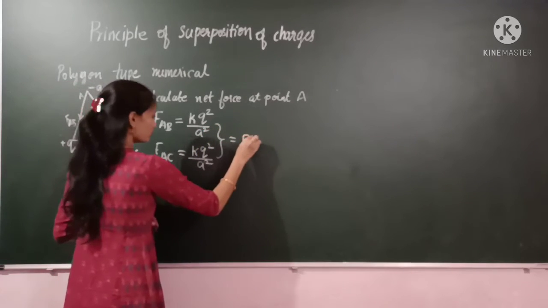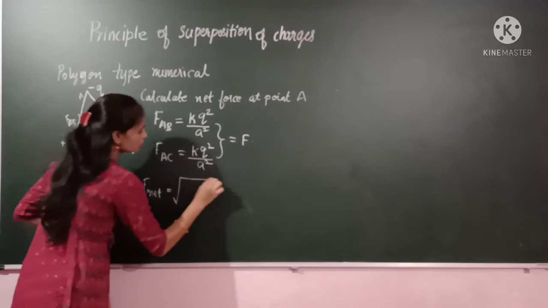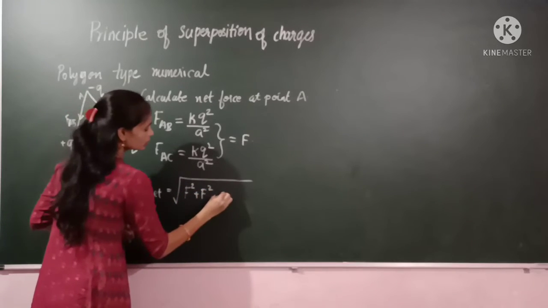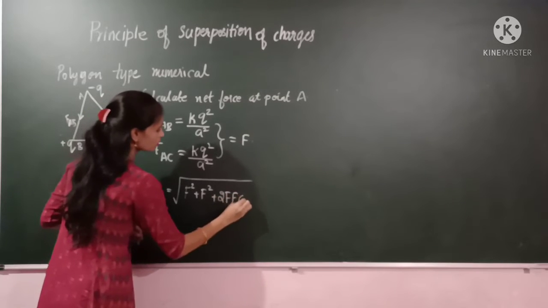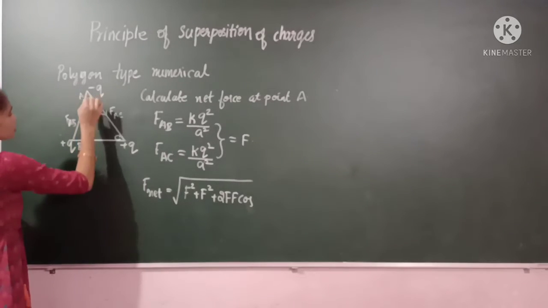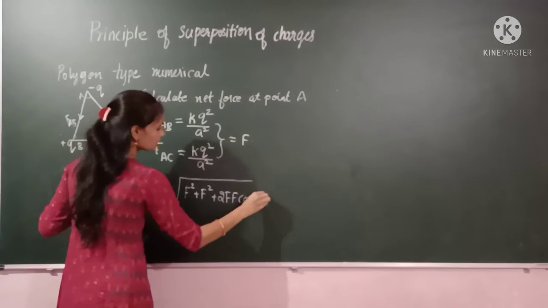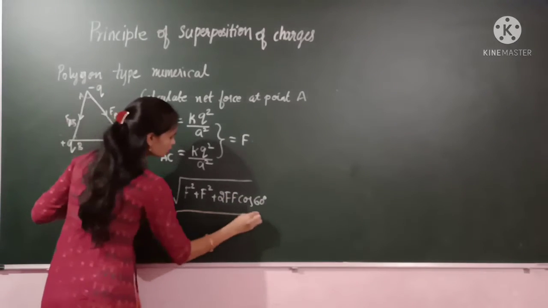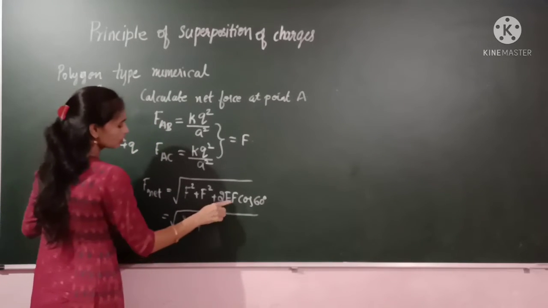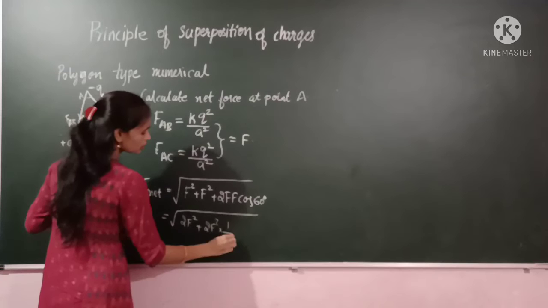So we will call it F. The net force F net is equal to the square root of F square plus F square plus 2F into F cos theta. What theta value will we take? Here all angles are 60 degrees, so I will take cos 60 degrees. Square root of 2F square plus 2F square multiplied by cos 60, whose value is 1 by 2.